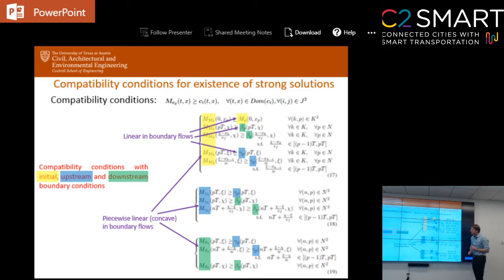You can show this simply by looking at the flow definition. Because we have a minimum function, when we minimize a set of linear functions, we get a concave function. So that means that if I put all these constraints on one side, I will get convex constraints in terms of the boundary flow. And that's the interesting part.